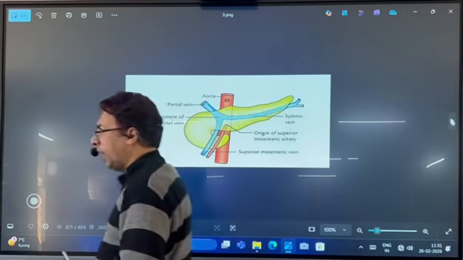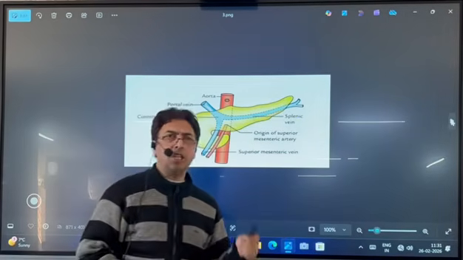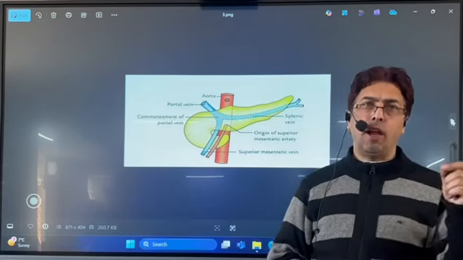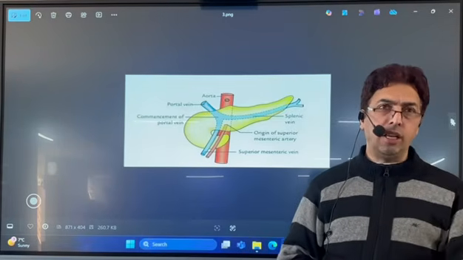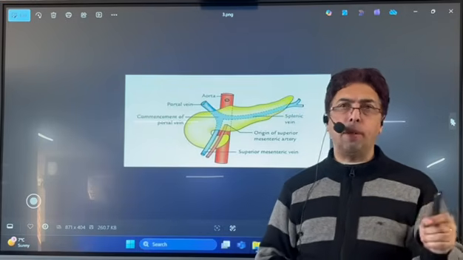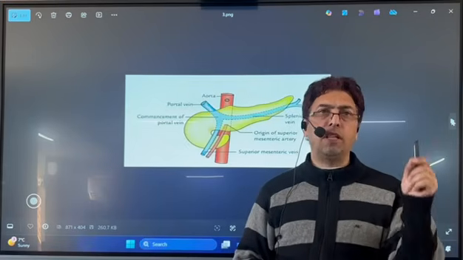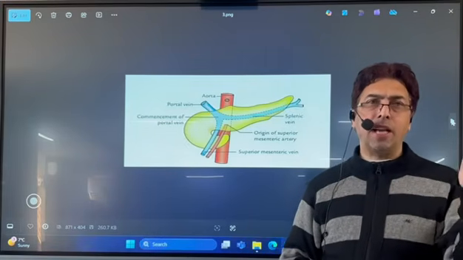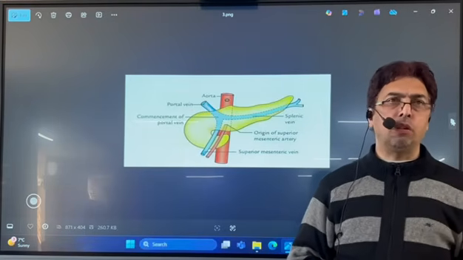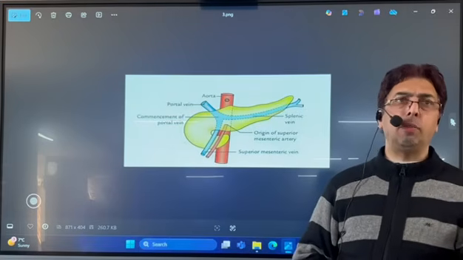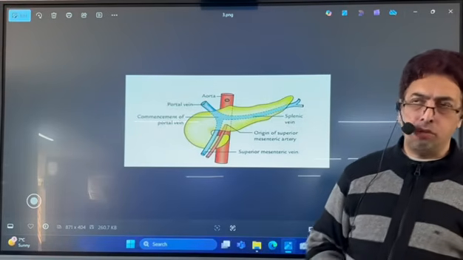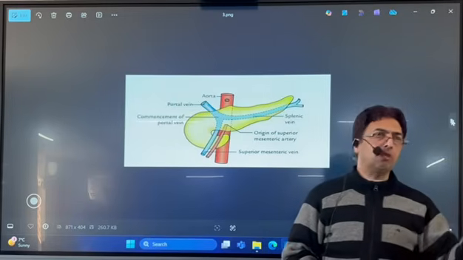So this is something about the relations of the head, neck, body and tail of the pancreas, and you have to be well versed with this as far as the theory is concerned, as well as the diagrammatic aspect, because sometimes we put a question to you just with the help of a neat labeled diagram: show the relations of the different parts of the pancreas. This is the question we give, maybe 10 marks, maybe 5 marks, so you should be capable of drawing a diagram showing these important structures which I just enumerated. So that is one part.